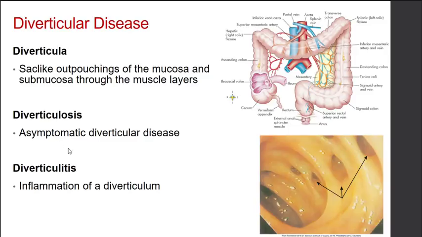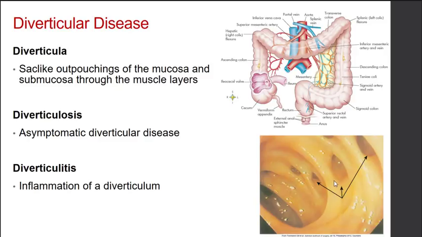However, diverticulitis, there's that word itis, is inflammation of the diverticulum. And this can lead to rupturing of the diverticulum, which can lead to peritonitis, where fecal material can enter the abdominal cavity.